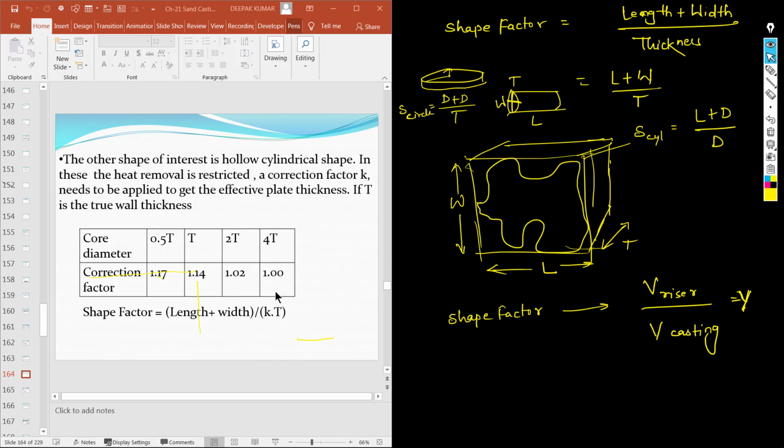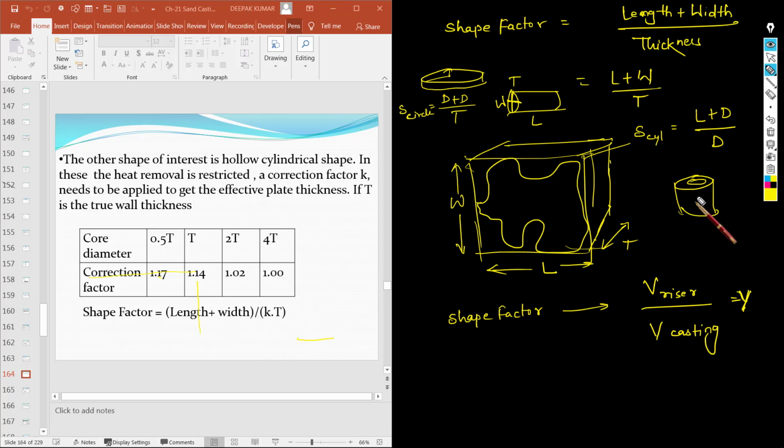The correction factor is given here. If the core diameter is 0.5 of the thickness, then the correction factor will be 1.17. Why this correction factor? Because of the restriction of heat removal. In case of hollow casting, the heat is trapped inside.